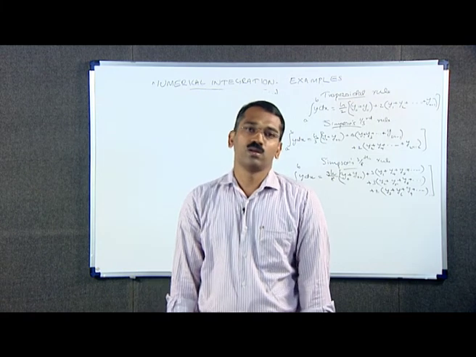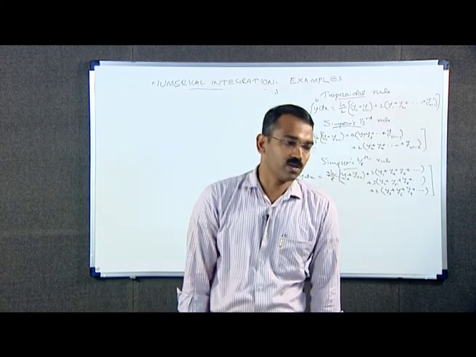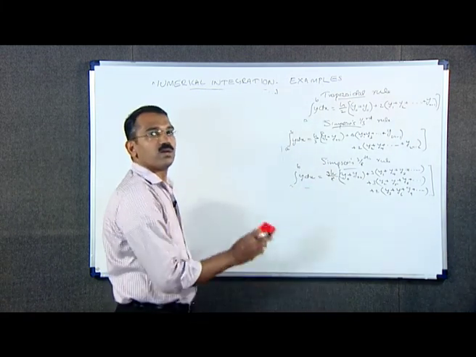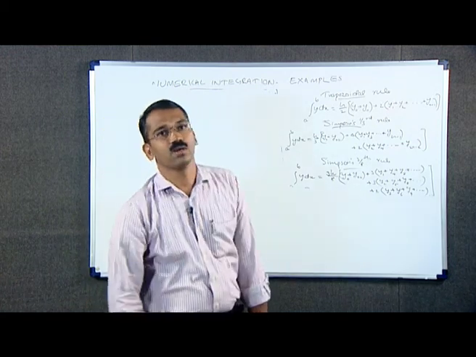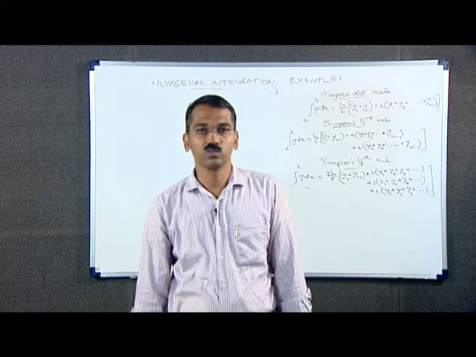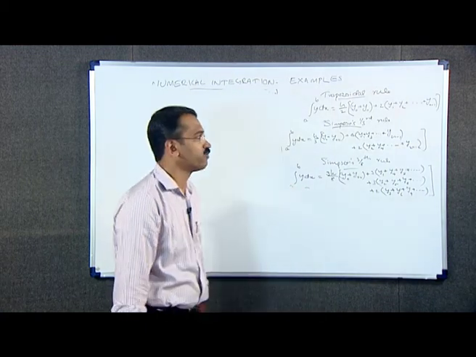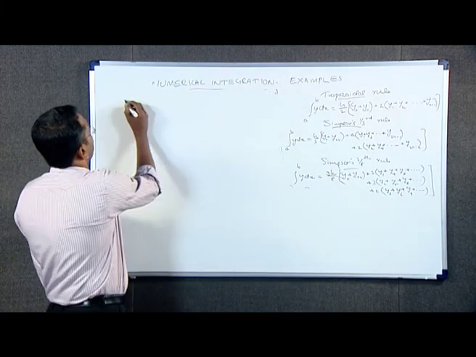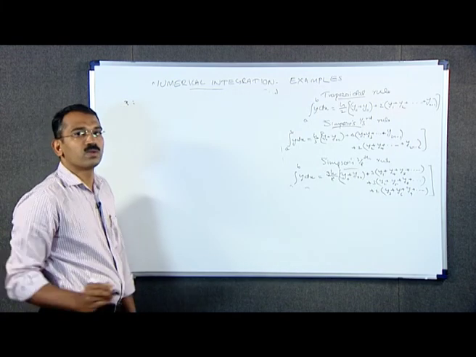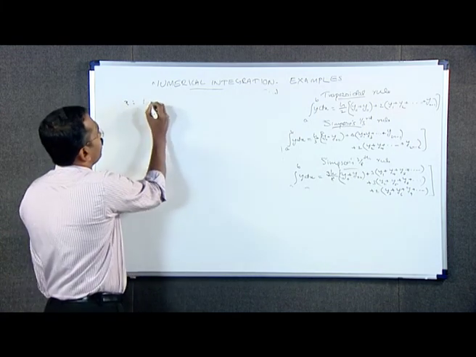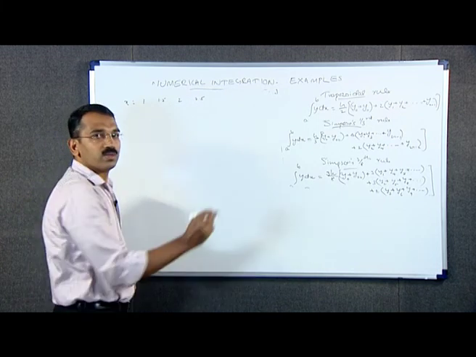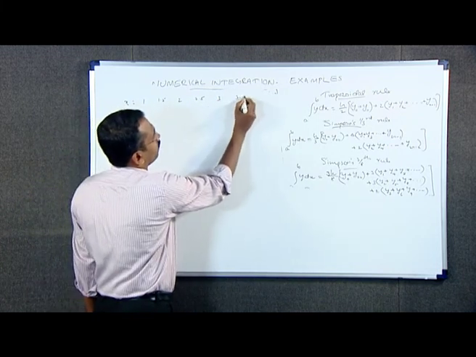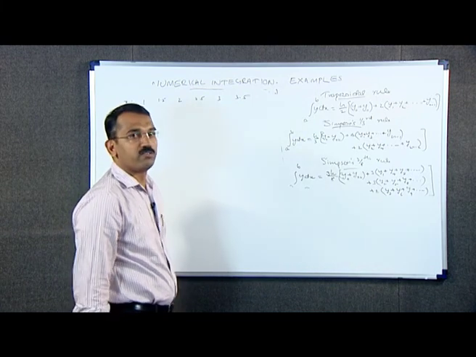Now, we have to do another example. That is, a curve is drawn to pass through the points given by the following table. The x values are 1, 1.5, 2, 2.5, 3, 3.5, and 4.